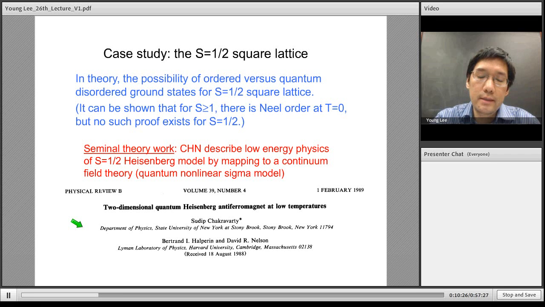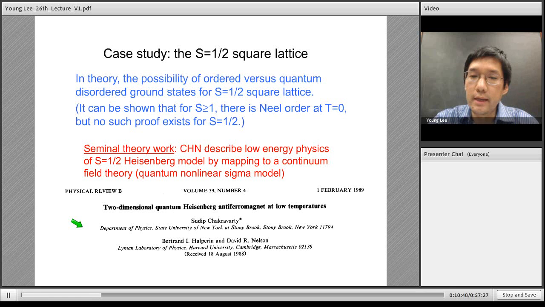What they did is they mapped the nearest neighbor Heisenberg model with spin 1/2 onto a continuum field theory called the quantum nonlinear sigma model. And from this, they extracted the low energy physics, so the long wavelength behavior.